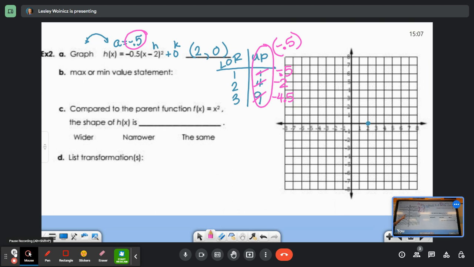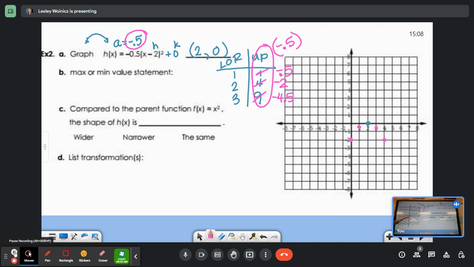Start at the vertex. Go left 1 and down a half. It's going to be between the parallel horizontal grid lines. Okay, then go right 1 down a half. Left 2 down 2. Right 2 down 2.